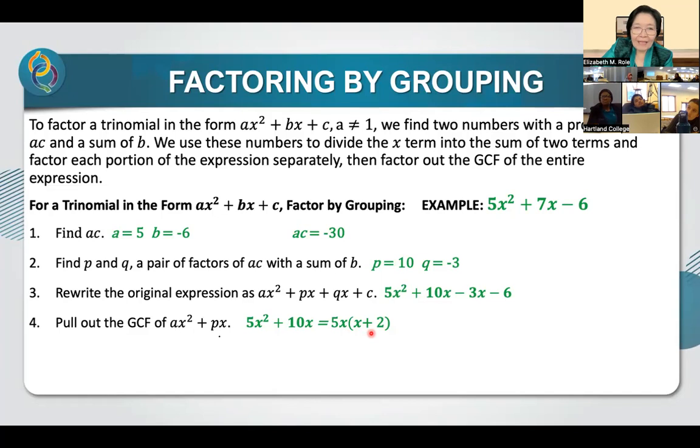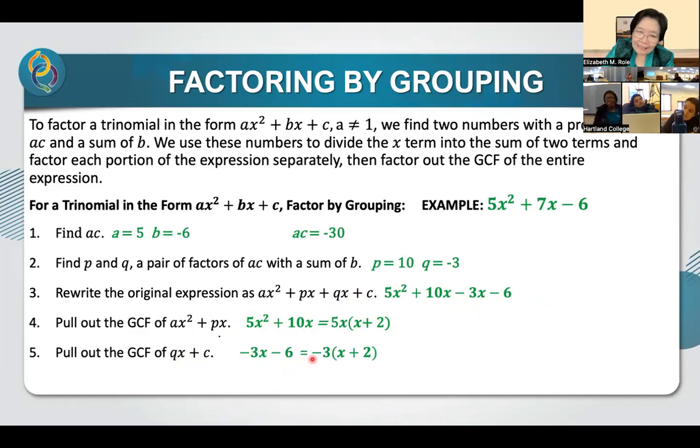Then I group the other side, the qx plus c, which is minus 3x minus 6. Now, I factor out minus 3. What will remain is x, and minus 6 divided by minus 3 is 2. You notice that we now have a common factor, which is x plus 2.